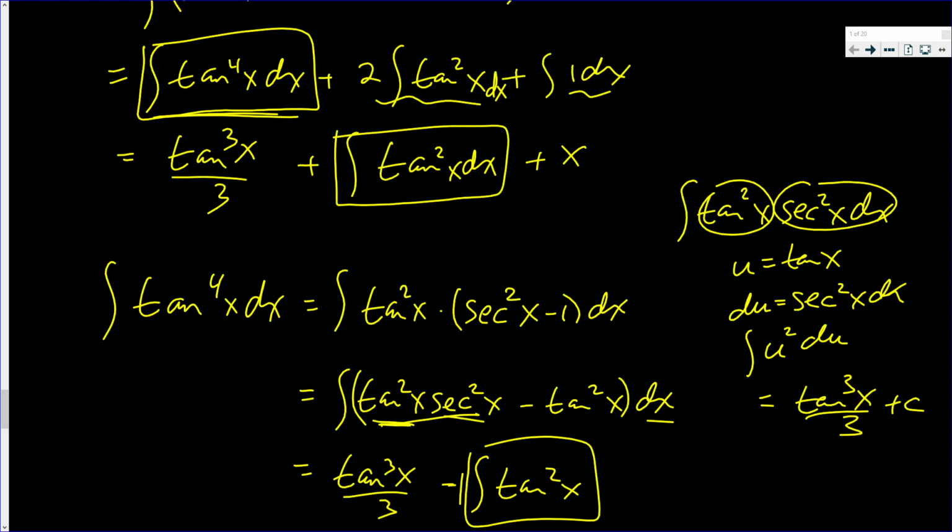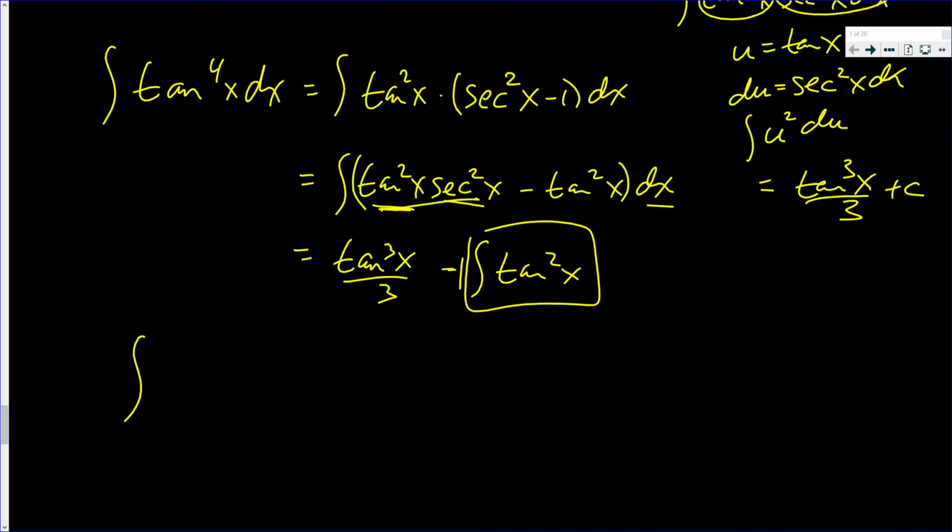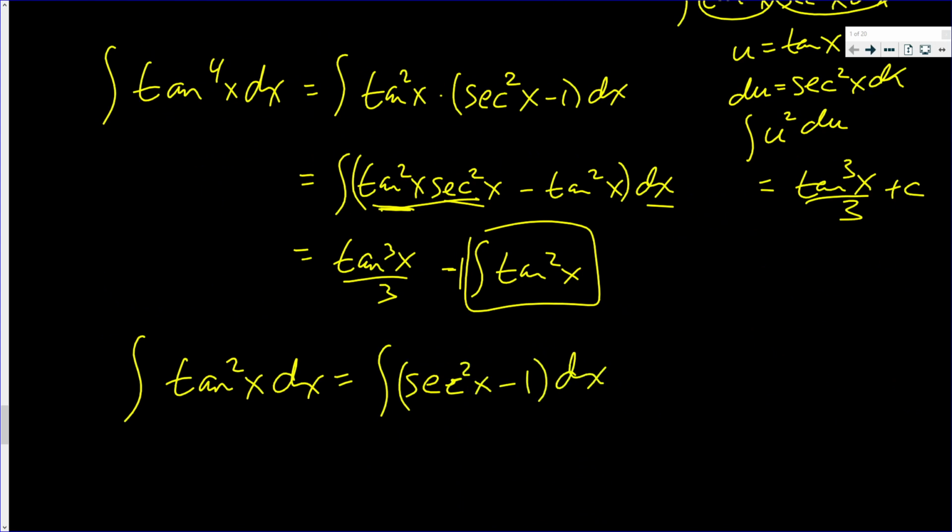Okay, so let me do that below. The integral of tangent squared x dx, well, tangent squared x is the same as secant squared x minus 1 dx. Well, I know the integral of secant squared x is tangent x, minus, and I know the integral of 1 dx is x. So it's tan x minus x.